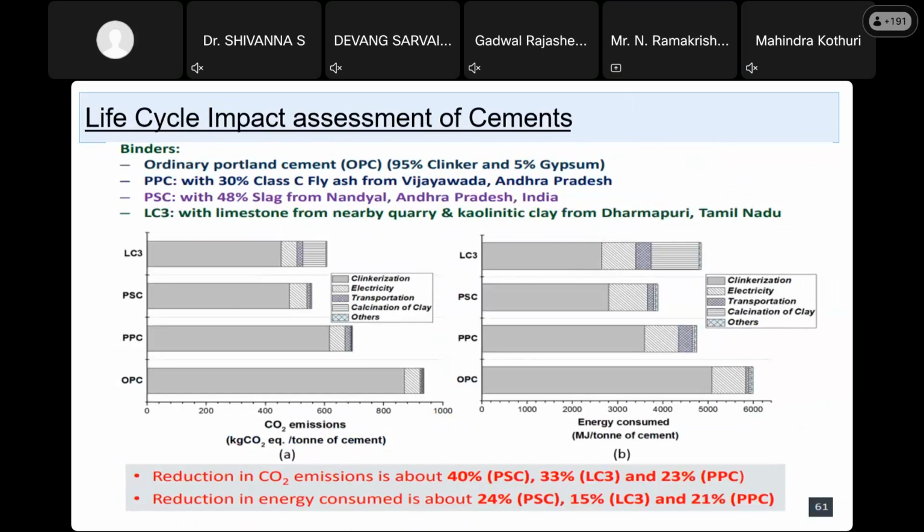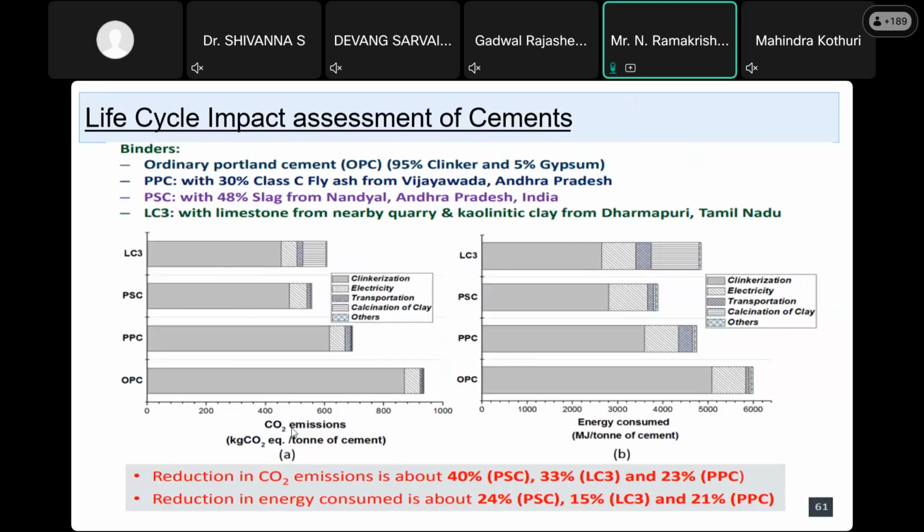So now they made the comparisons of these CO2 emissions and energy consumed out of all these PPC, PSC, OPC, as well as LC3. Now you can read from this graph, right? You can see the CO2 emission reduction is 40% in PSC.